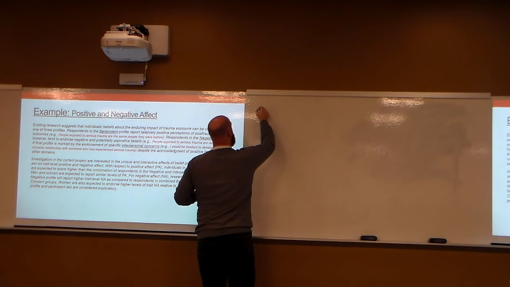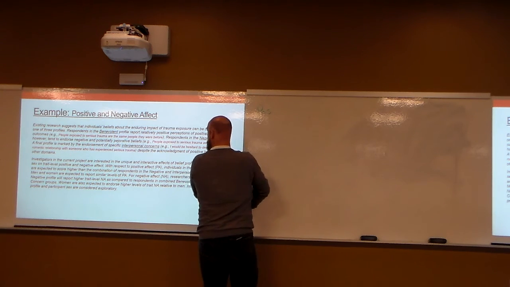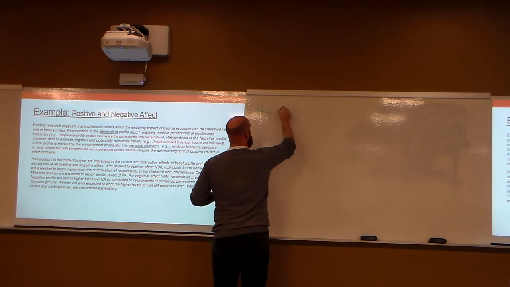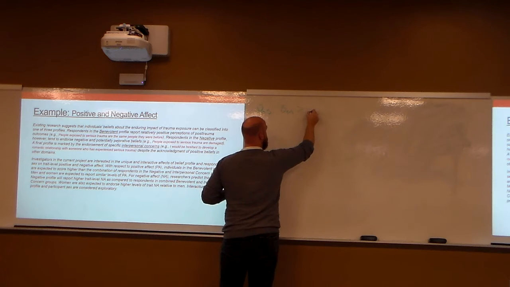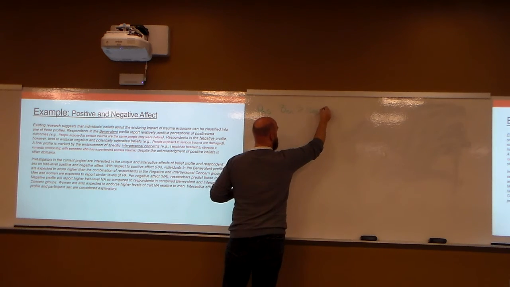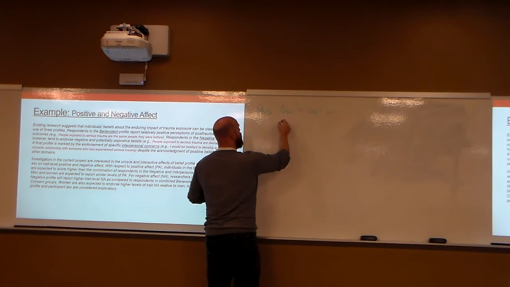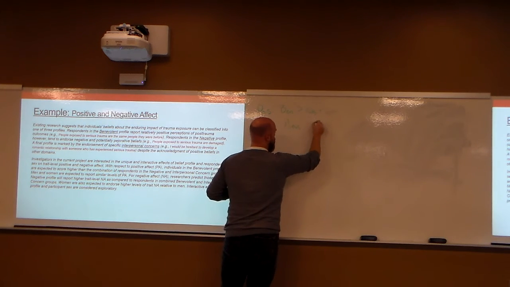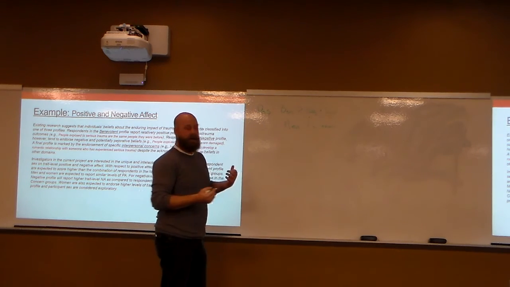So for positive, right, we're saying that benevolent can have greater levels of positive affect than our negative and our interpersonal. We could report similar levels of PA. So we're going to say, and positive affect.